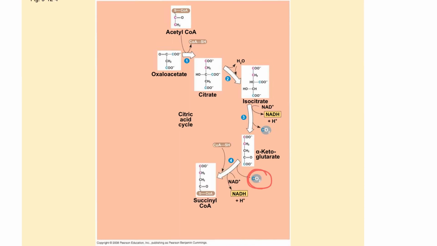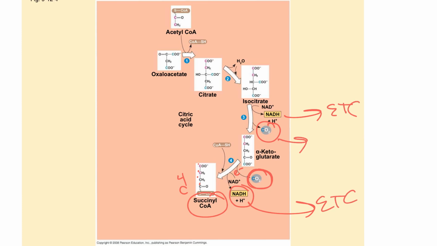Look. Here is another carbon dioxide being given off and some other electrons, high-energy electrons, being stripped off. And I make this molecule that is now 1, 2, 3, 4 carbons, okay? And this is succinyl-CoA. So my NADHs are going to go to my electron transport chain, and my carbon dioxides are going to be released as waste, okay?